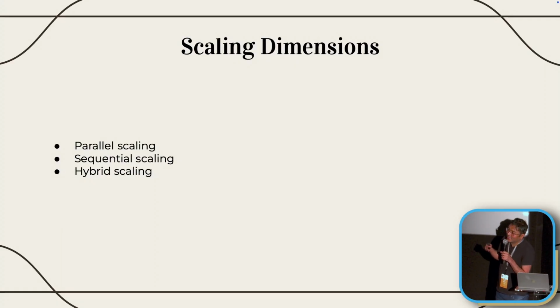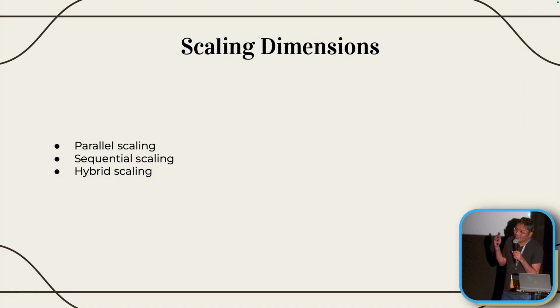So parallel scaling is: generate n solutions, select the best, and selecting the best today can occur either through heuristics or even using reward models, outcome reward models or process reward models, etc.